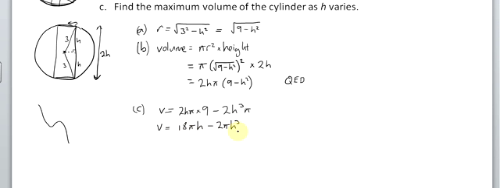So there's our equation of our curve, and now I'm going to differentiate it. dV by dh is going to give us 18 pi minus 6 pi h squared. Now, for minima and maxima, the gradient is 0. So 18 pi minus 6 pi h squared equals 0.